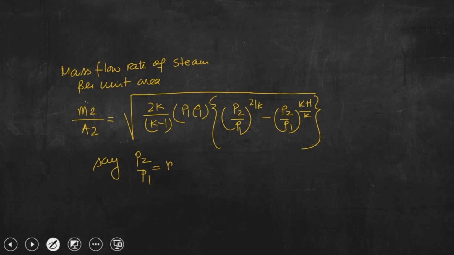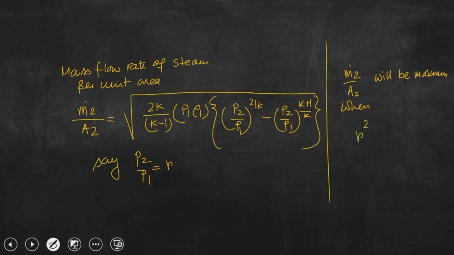So, that means our objective should be to find out that m dot 2 by A2 will be maximum when r power 2 upon k minus r power k plus 1 upon k is maximum.